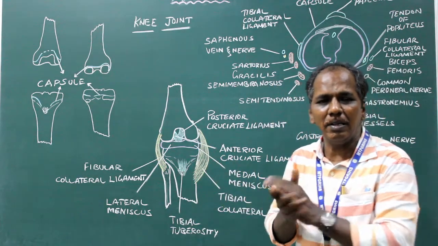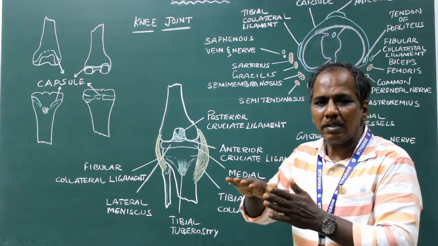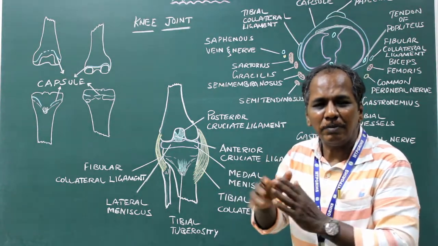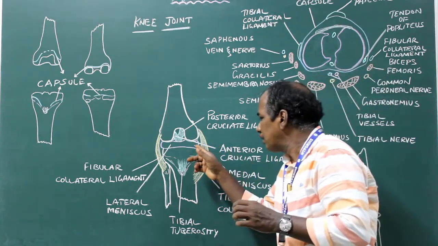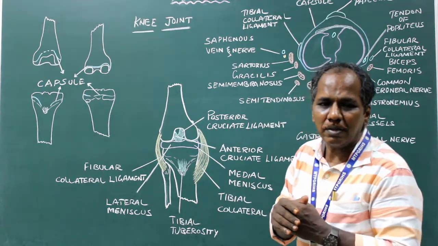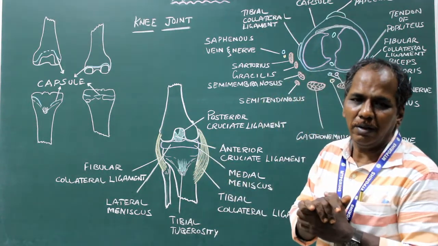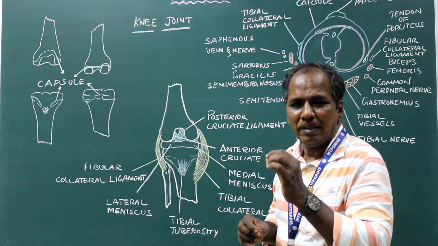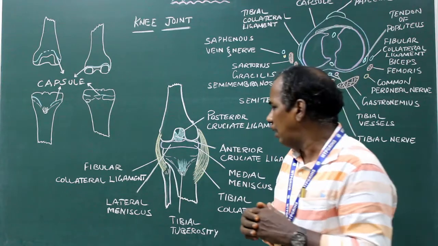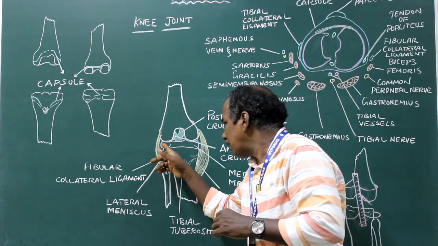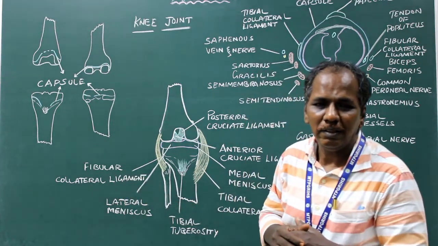So in a semi-flexed knee joint, when there is a sudden jerky movement, like footballers trying to twist their leg, that causes damage to the medial meniscus, since it is attached to the inner aspect of the tibial collateral ligament. Whereas the lateral meniscus is not injured because the lateral meniscus is separated from the fibular collateral ligament by the tendon of popliteus.